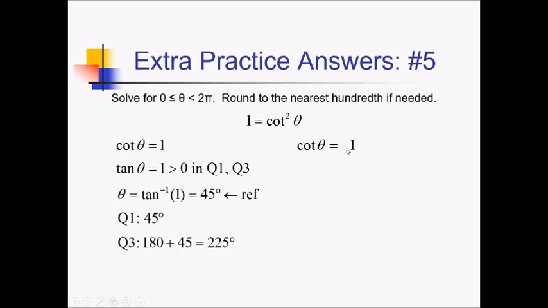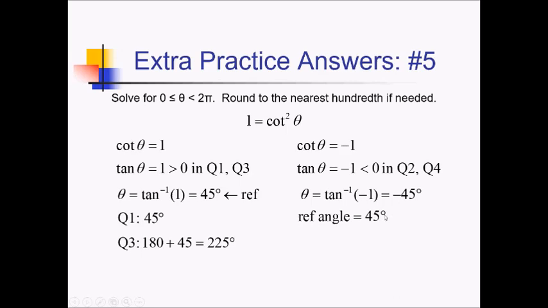Going over to my other branch, I can write tan of theta equals the reciprocal of negative 1, which is also negative 1. Inverse tan, and that's actually a negative, so that means our angle is going to have a negative slope, which means quadrants 2 and 4. So inverse tan of negative 1, that's negative 45 degrees. Reference angle on that is actually also 45 degrees.